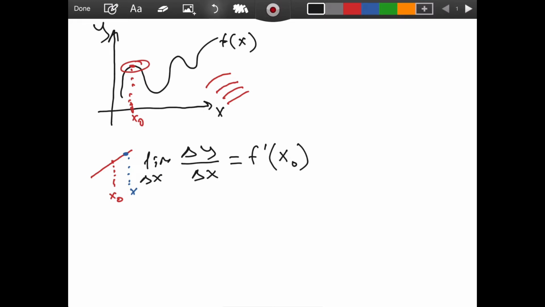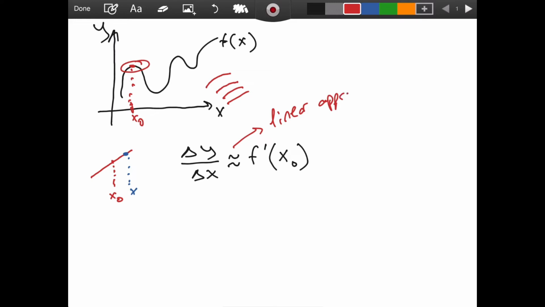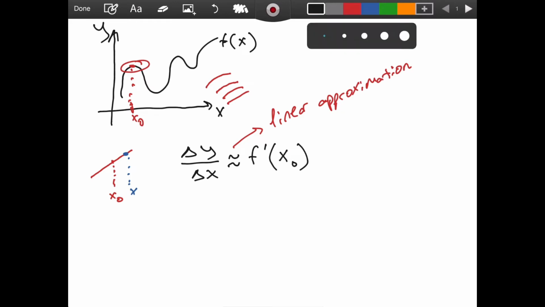So since we don't do that, this isn't equal, this is just approximately equal. And surprise, this is actually linear approximation. I hope I didn't spell it incorrectly. Yep, I got it right. This is linear approximation.